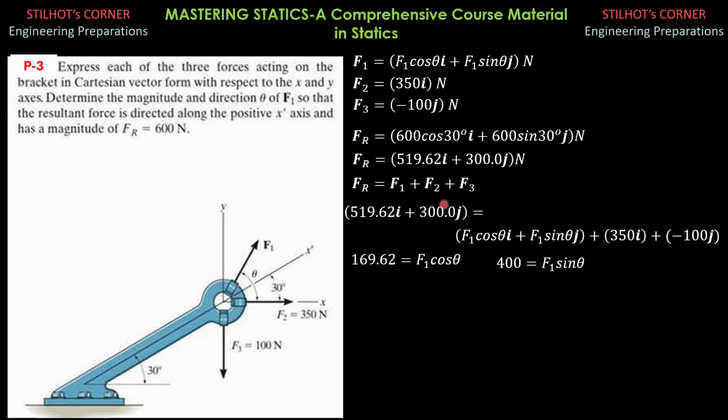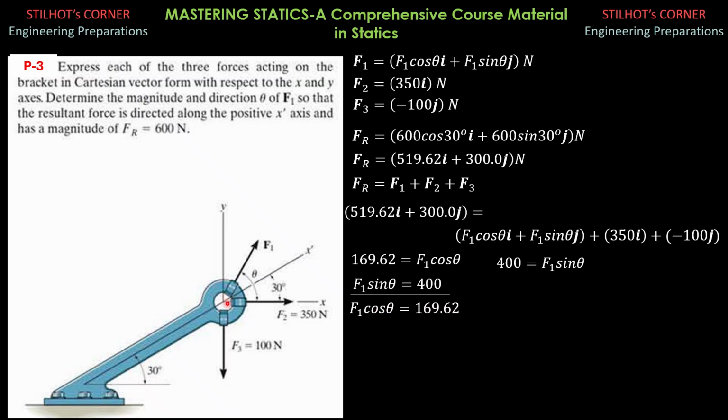Then for the y component, 300, transpose this negative 100 to the left. So 400 equals F1 sine theta. Dividing F1 sine theta equals 400 by F1 cosine theta equals 169.62, we cancel F1, so tangent theta is 400 over 169.62.